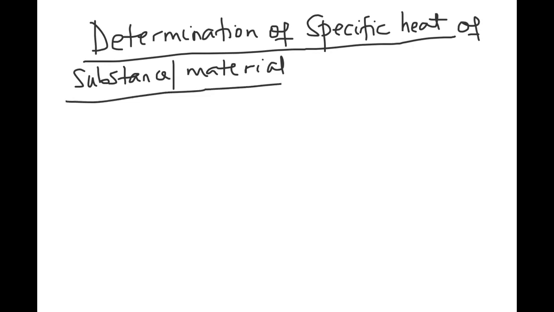All right. First of all, I would like to state the definition for specific heat. What is a specific heat? When we talk about specific heat of a substance, what are we trying to say?